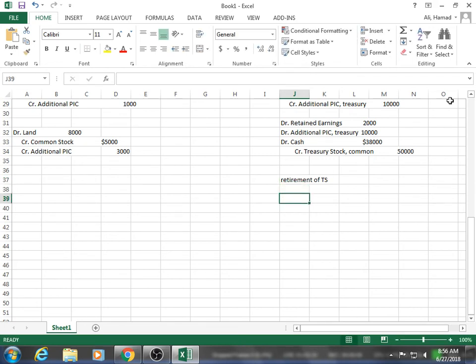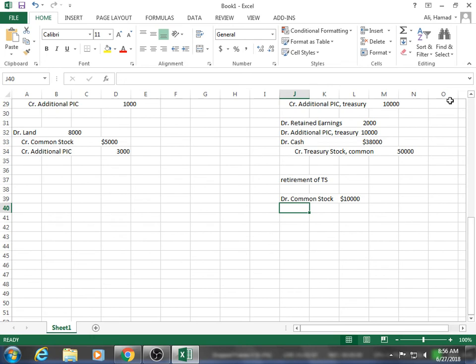So we're going to debit common stock at par value. 2,000 shares times, what was the par value? $5. 2,000 times 5 is $10,000.